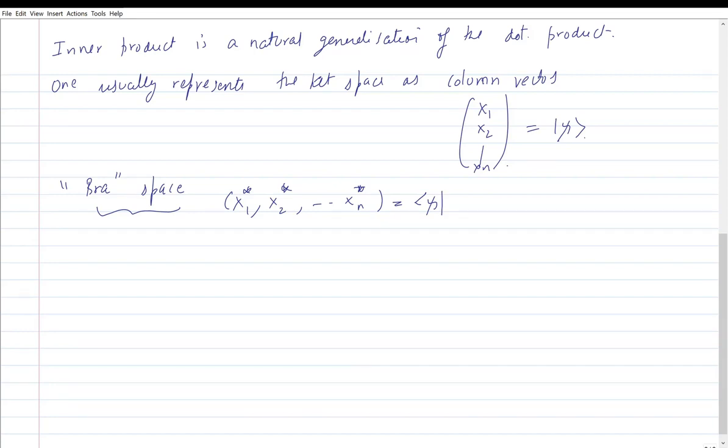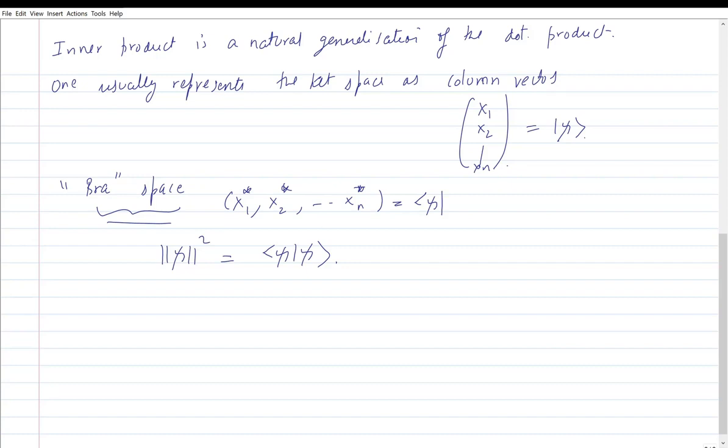So all said and done, we are trying to formulate a theory of probability, and we took the route of linear algebra to reconcile with the fact that the state of the photon can be in the upper mode or the lower mode of the beam splitter Mach-Zehnder setup. To calculate the probabilities, we need the formalism of linear vector spaces, the bra space, the ket space. Just defining the bra space this particular way lets us define the norm or the length of these vectors, because ultimately we are physicists, we'll be dealing with lengths.